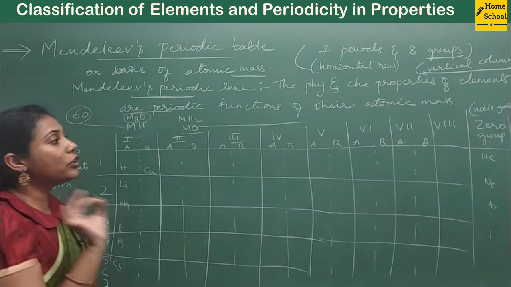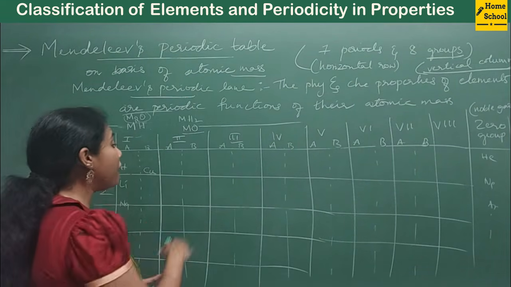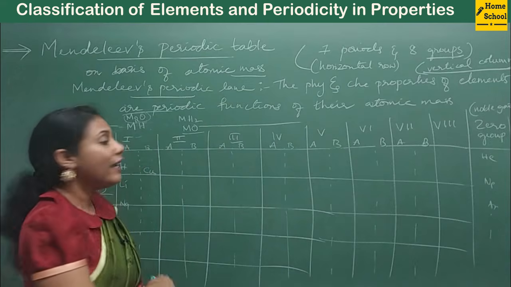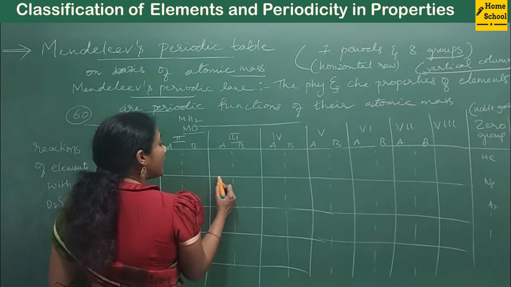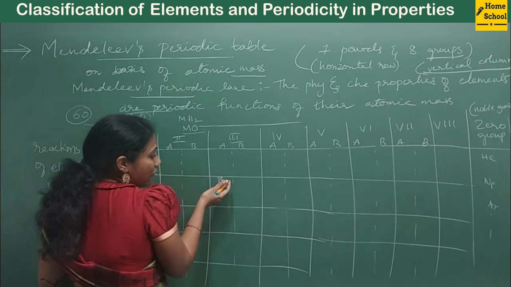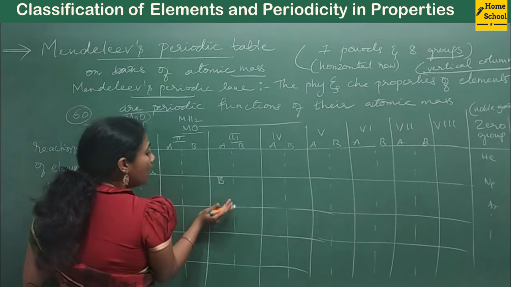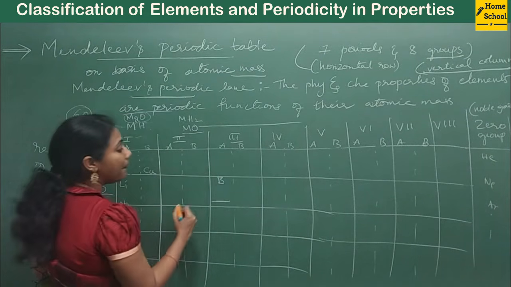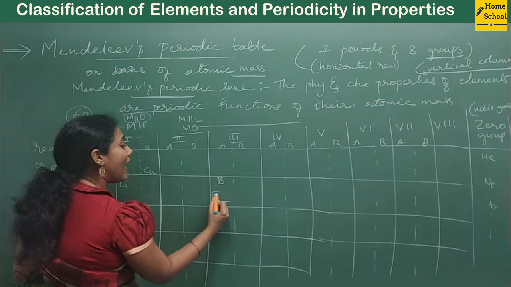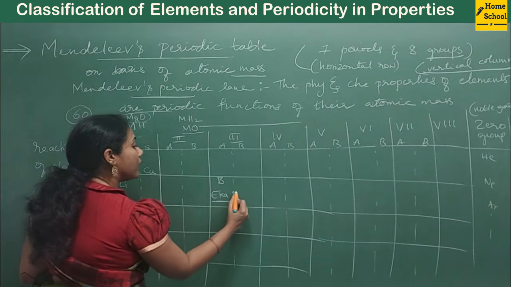And one more good thing he has done is he left gaps here and there. Okay, for example, imagine if boron is here, below boron he left a gap and he called that gap Eka boron.